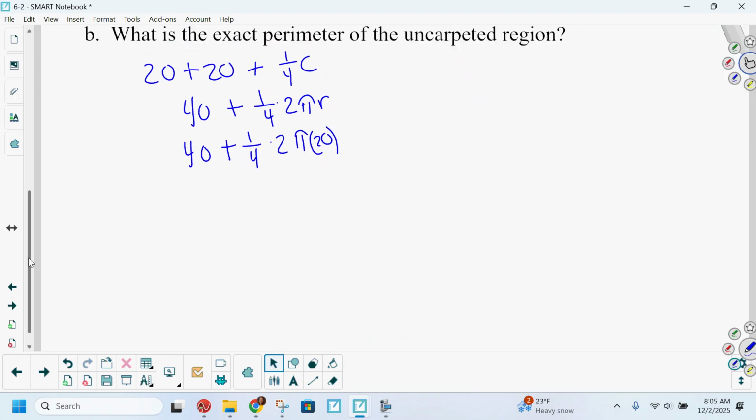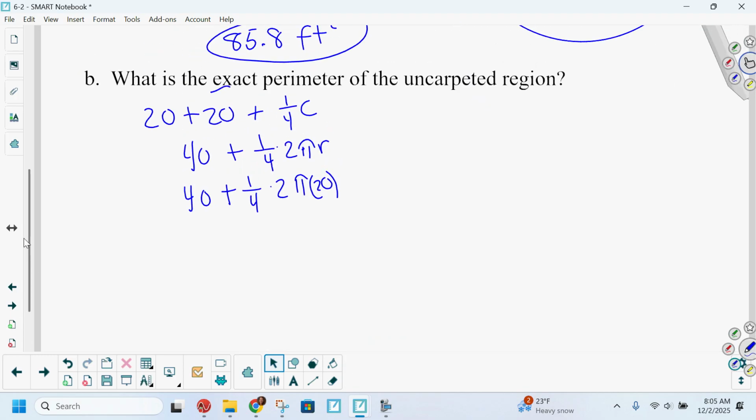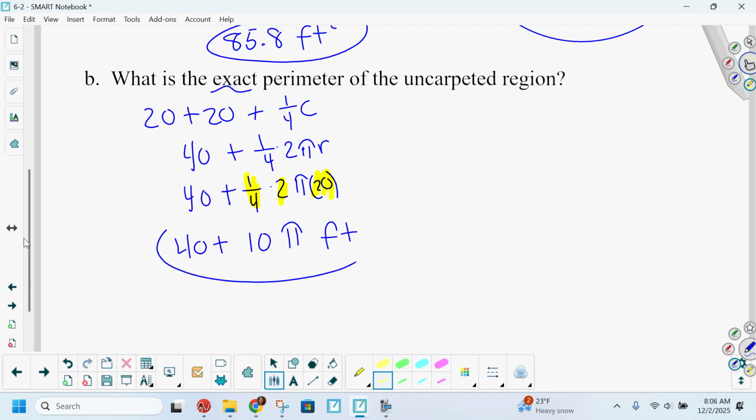It does want the exact. So 40 plus, and in my calculator, I'm just going to do 1/4 times 2 times 20 and leave the pi out of it. When I do that, I get 10 and then pi, and that's just in feet. It's one dimension because it's perimeter and not area. And we're done.